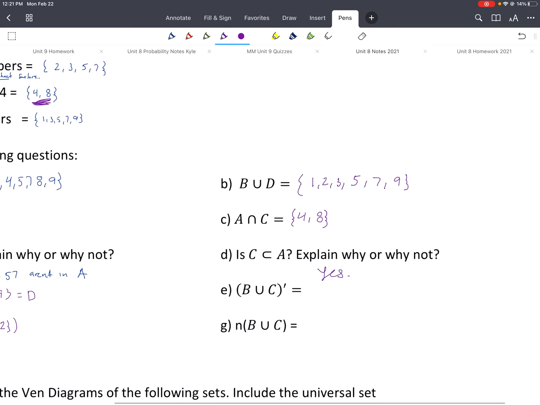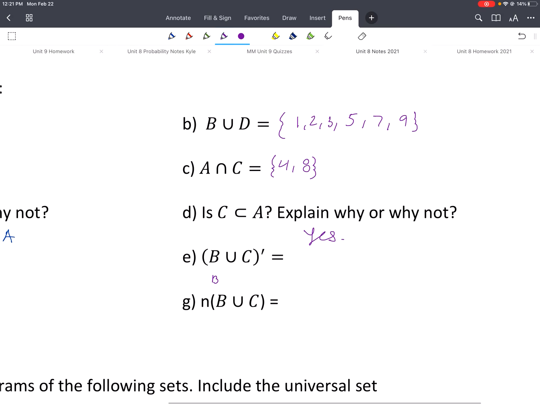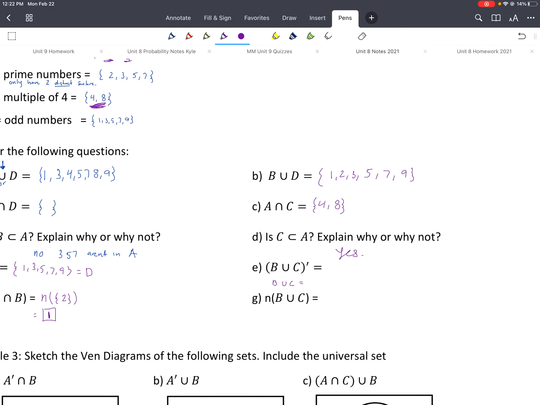Okay, then let's talk about this. The union of B and C and its complement. So first we're going to figure out what B union C is. So B and C, we're going to bring them all together. So it looks like we have 2, 3, 4, 5, and 7, 8.